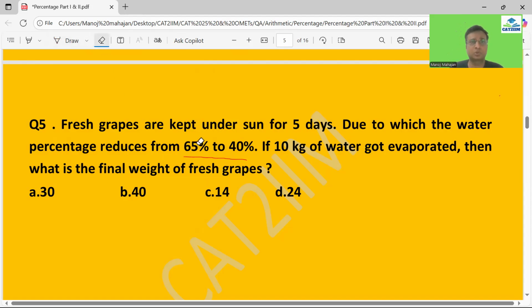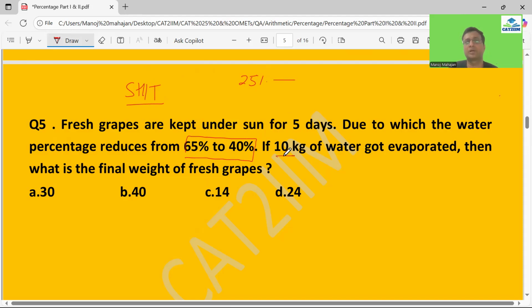Now a lot of students are going to make a silly mistake over here, one more type. See, I talked about that the percentage difference we're going to do only in the case when the percentage figures are of the same number. So what a lot of students are going to do is take the difference of these two. That's actually a blunder I call it. So 65 minus 40, that is 25% difference.